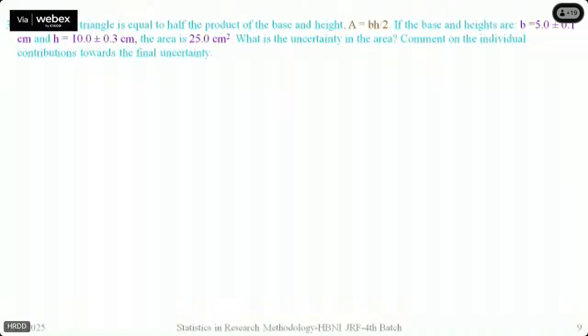Which one? Because it is u_L by L the whole square plus another u_L by L the whole square. Because it was L into L, no? The same thing. It will come out to be the same thing only.